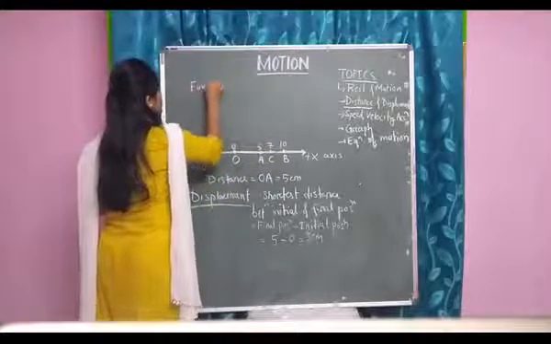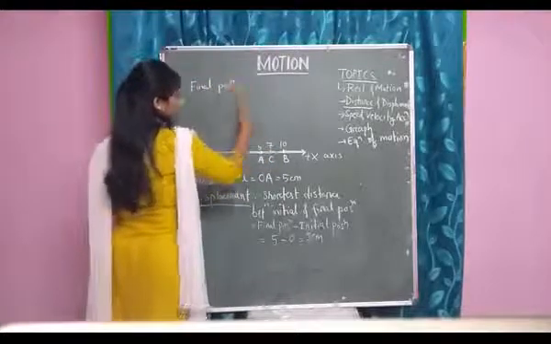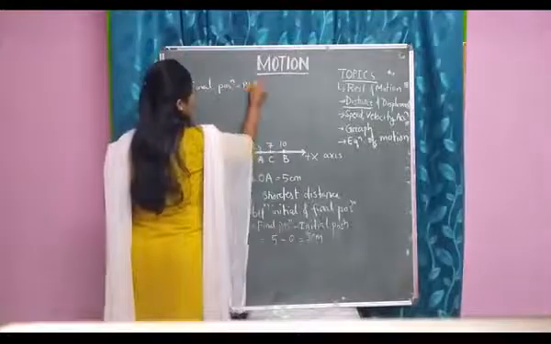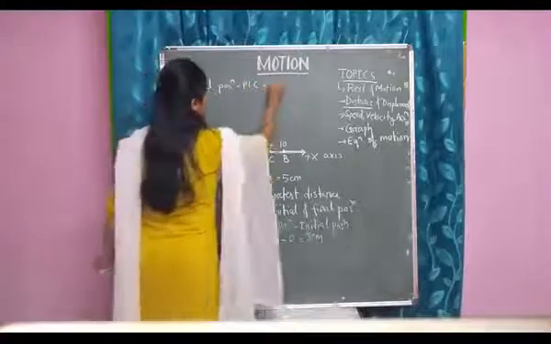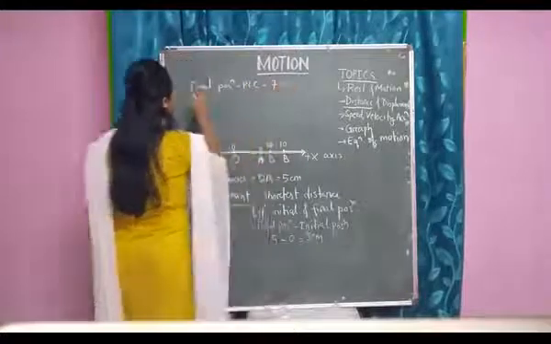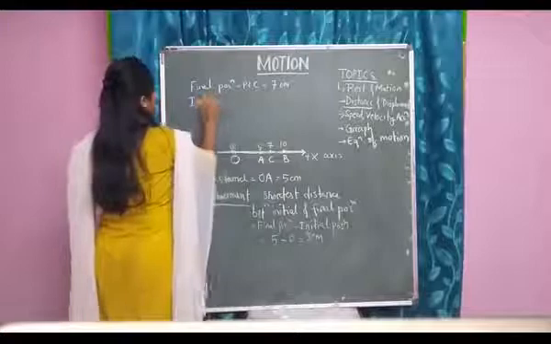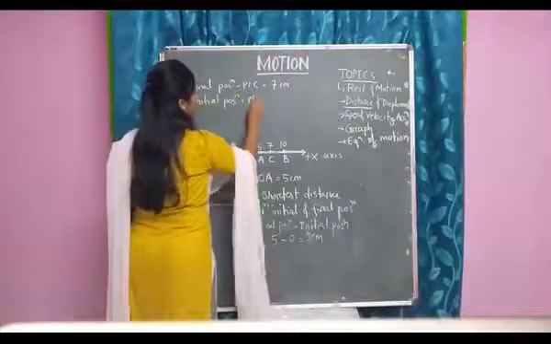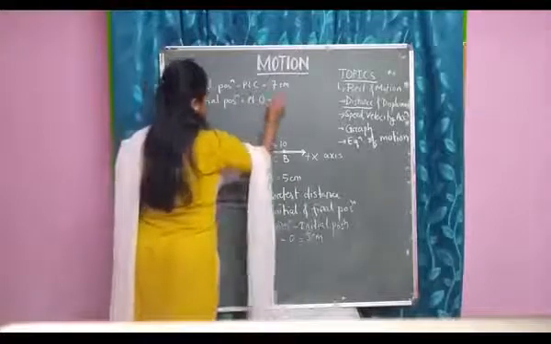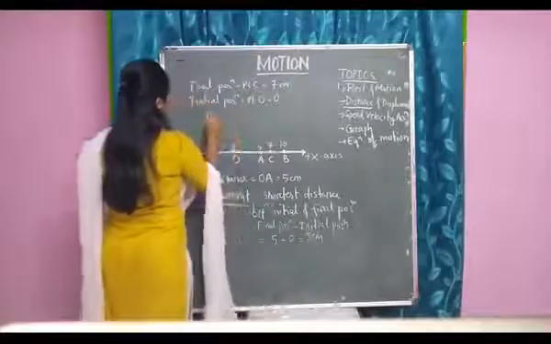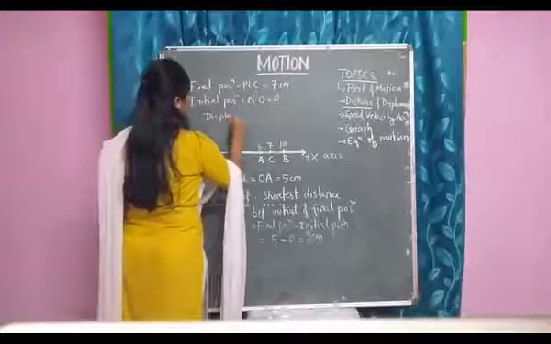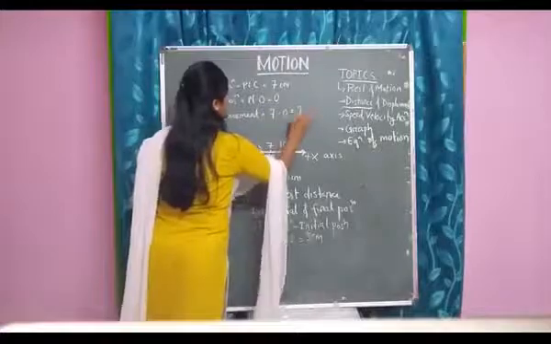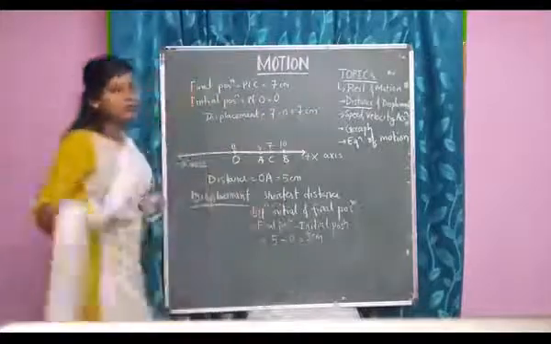Our final position becomes point C. The initial one is point O, and its coordinate is 0. So your displacement will be 7 minus 0, 7 centimeter.